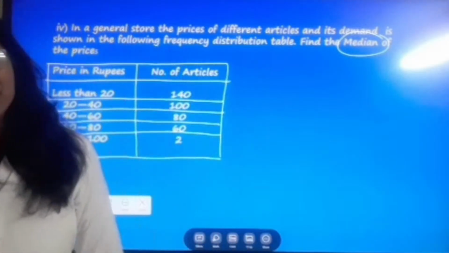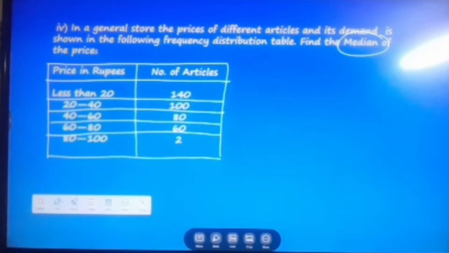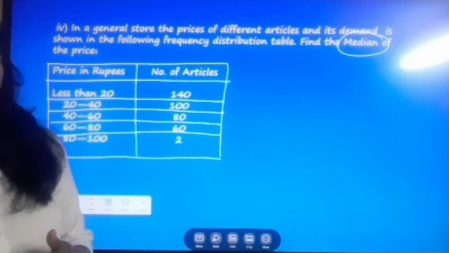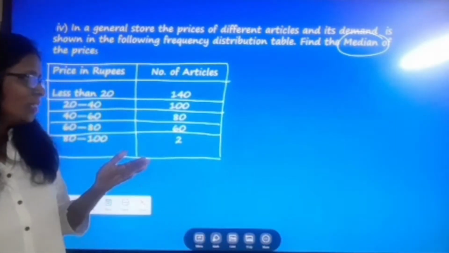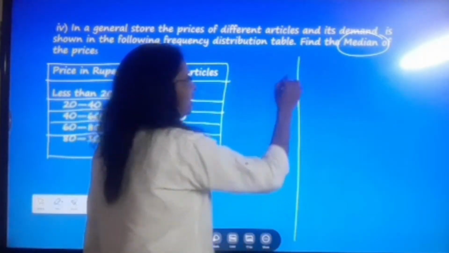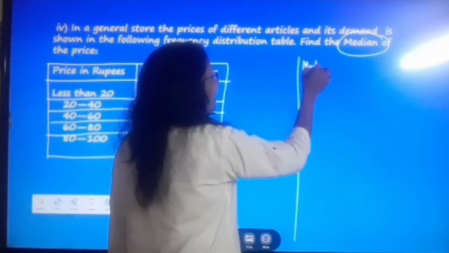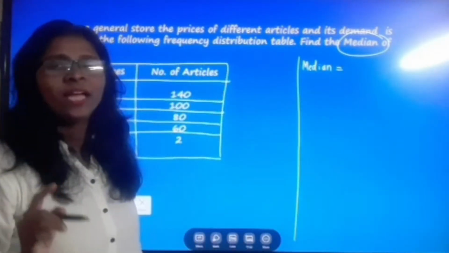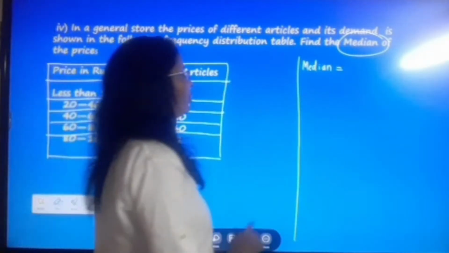So now for the median of the prices, do you know the median formula? Yes. First I write down the formula, then I can get the answer. Which values do we have to know from the table?